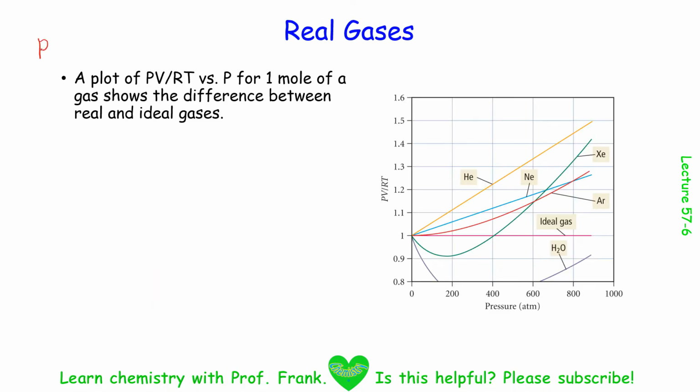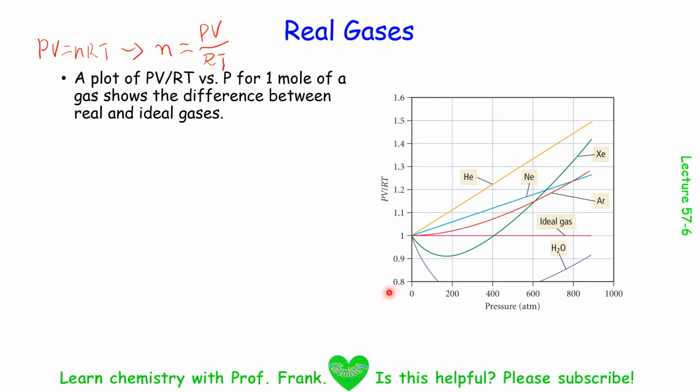Again, from the ideal gas law, PV equals nRT, we can write n equals PV over RT. And if n equals 1, which means PV over RT equals 1, all right?